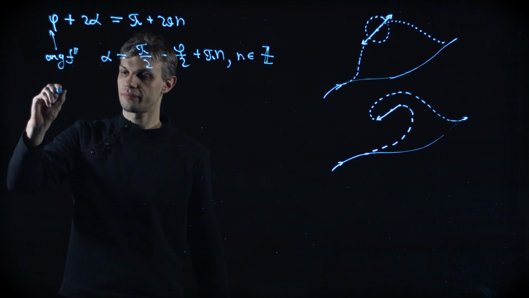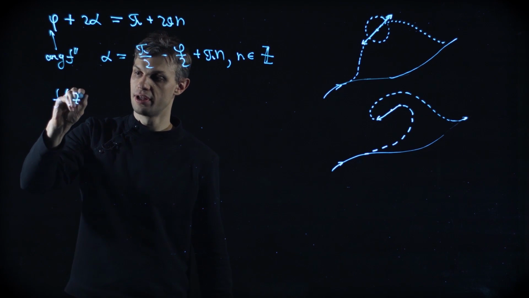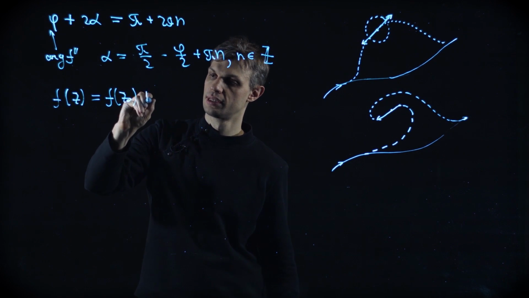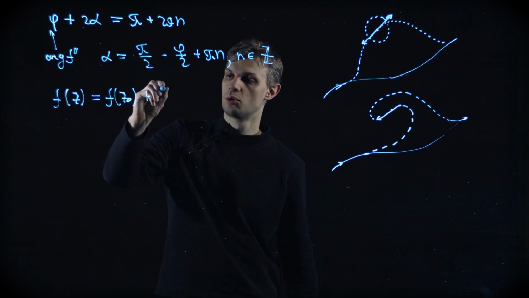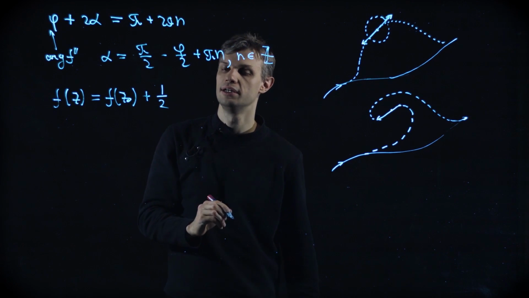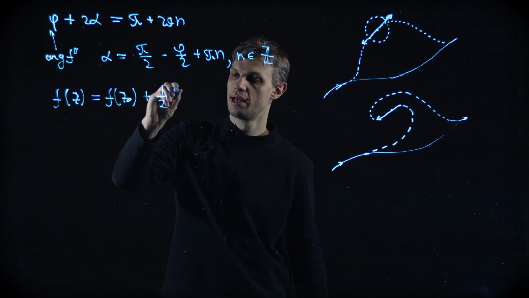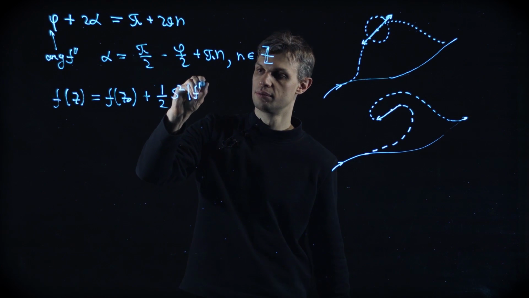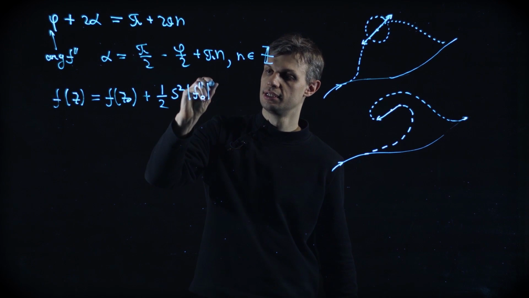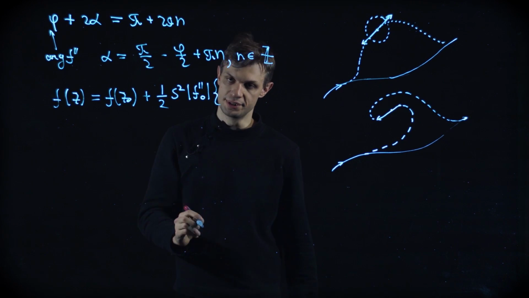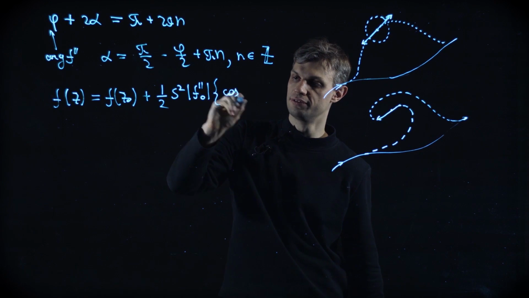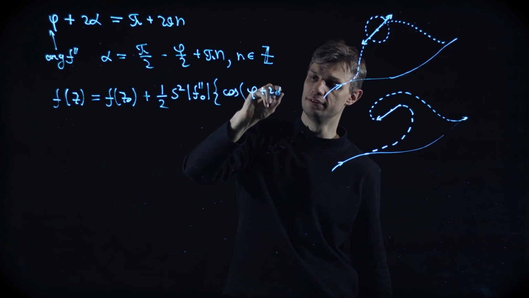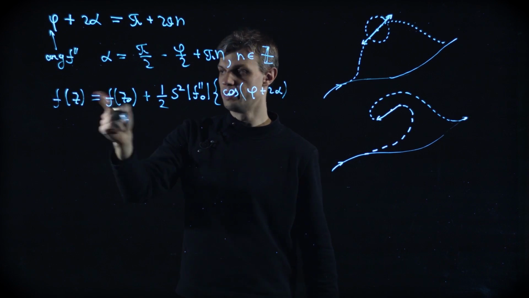So what we do is we write down the expansion of our f function again. As you remember, it looks like this: 1/2 s squared modulus of f prime prime naught. And now there are two terms. The first term is a cosine term, the real part of our exponential of phi plus 2 alpha, which defines the change of the real part of f.